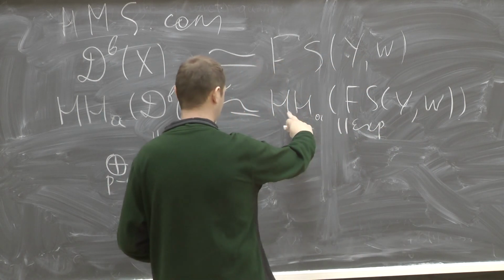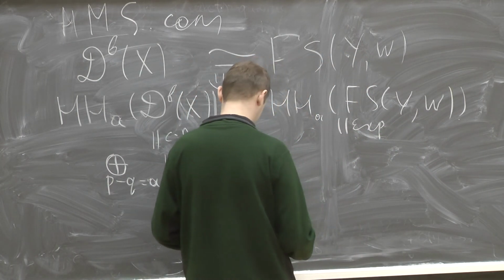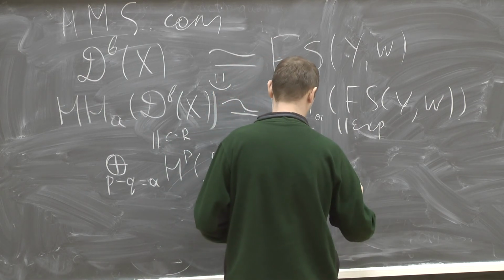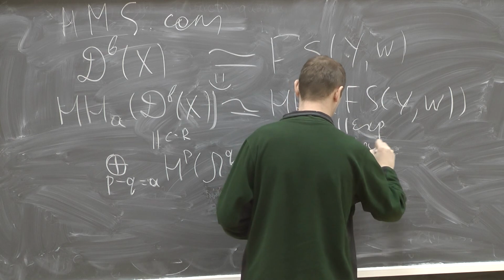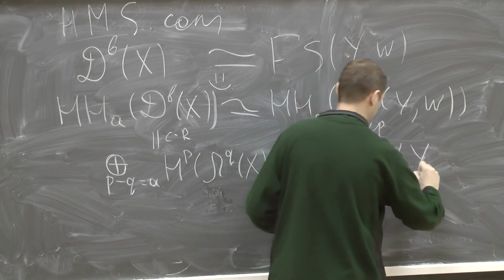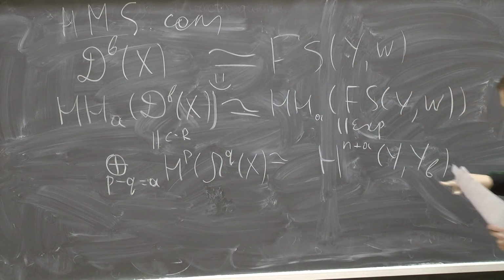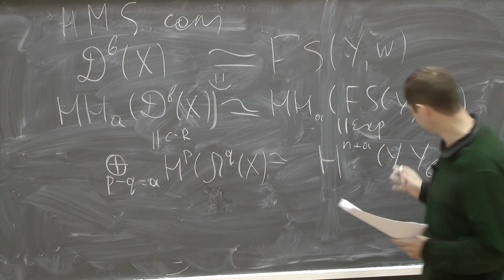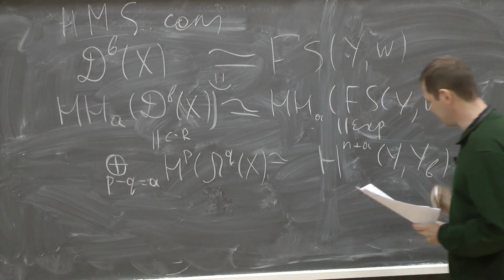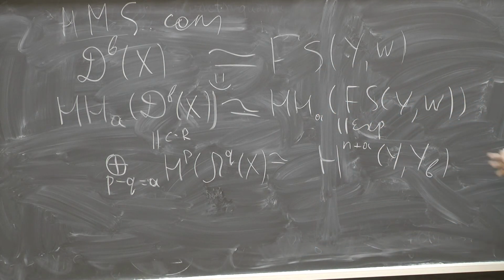The expectation says that Hochschild homology of the Fukaya-Seidel category is just a relative homology, H^(n+a) of (Y, Y_b). So b is just a generic point, and Y_b is a smooth fiber, and so this is a relative cohomology of a smooth fiber.